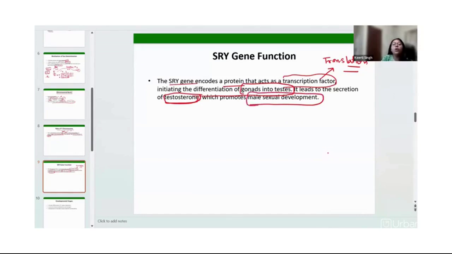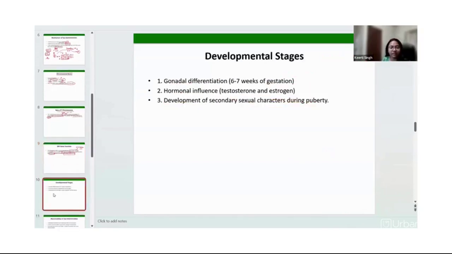You already know what the characters associated with male are, and what these secondary sexual characters are, or overall, the characters by which we can say that the individual is male, right? So this SRY gene is the gene which is responsible for that development, okay?